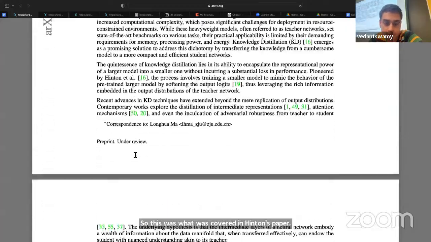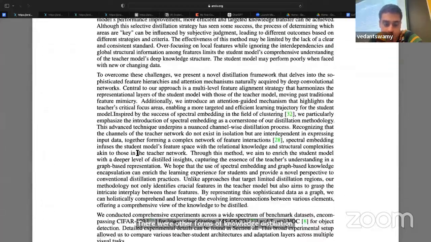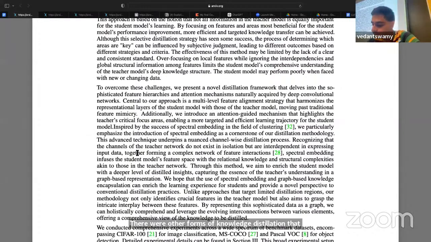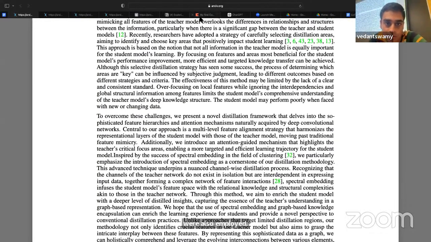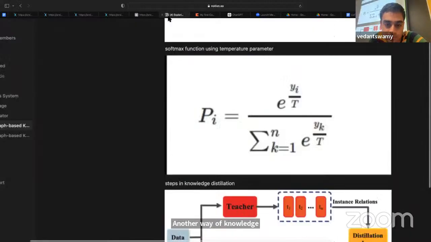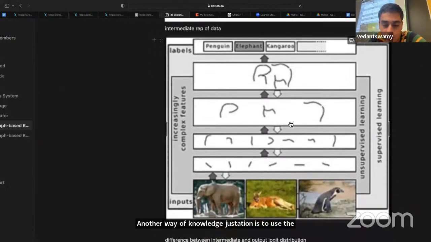There were other forms of knowledge distillation that were also employed. Another way of knowledge distillation is to use the intermediate representations of a model.